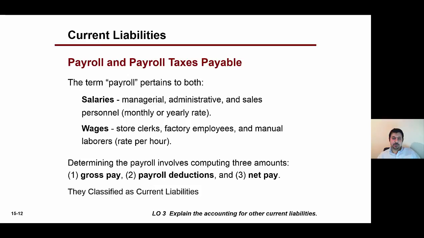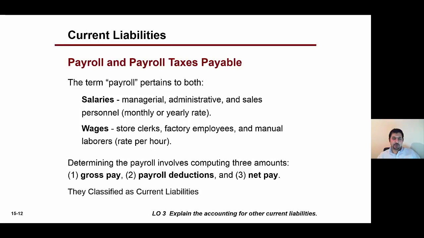When companies recognize their payroll, they recognize it as salaries and wages expense. To calculate the payroll, there are three amounts that are included. We have the gross pay, which is the full amount, the official salary.